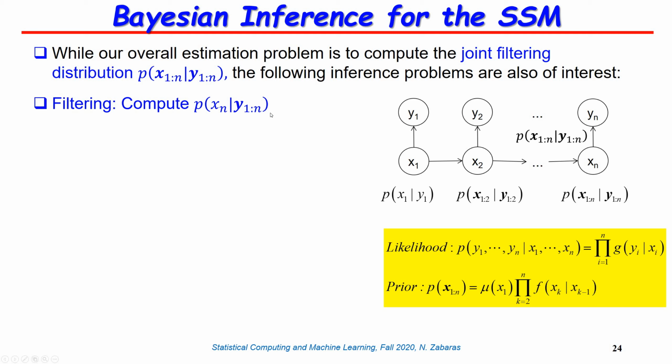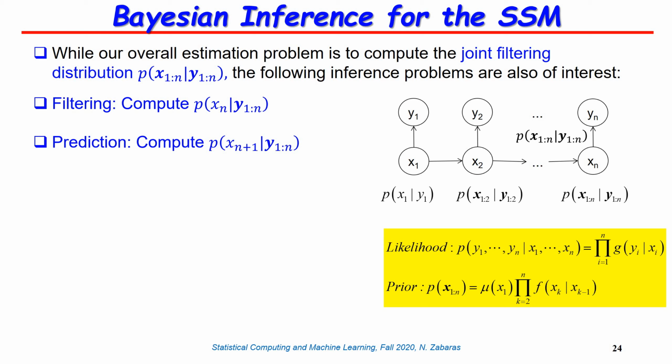You notice there is no bold, so I'm assuming here this is a scalar variable. Of course, at each time x can also be a vector, but just to distinguish from this bold x, I denote this as an unbold x. So that's the filtering distribution.